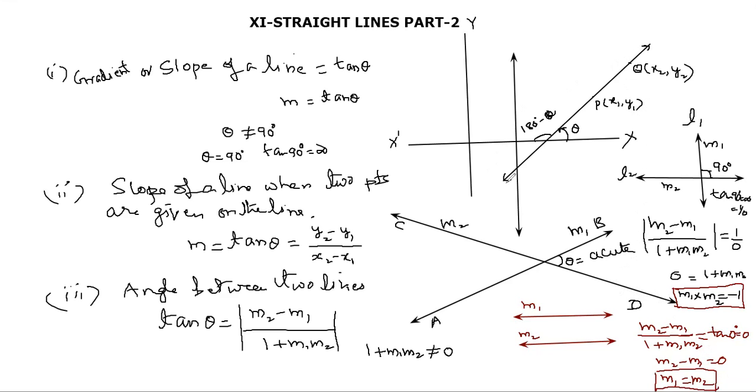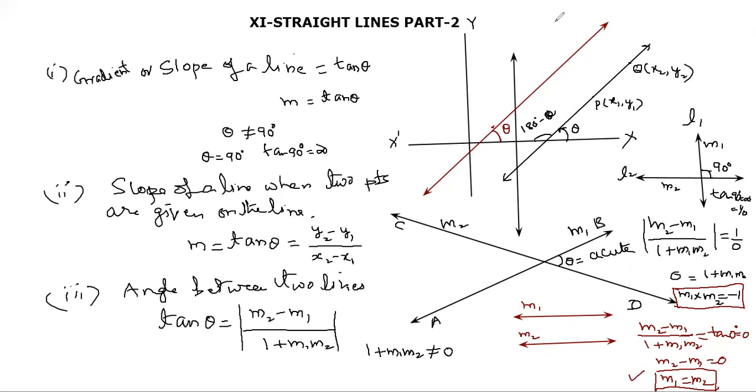Obviously, if I draw another line parallel to this line, it will make the same angle, theta. This is theta, so this will also be theta. So they are inclined at the same angle, so parallel lines incline with the same angle with the x-axis. That's why their gradients are equal.